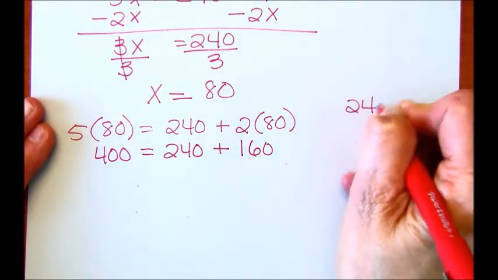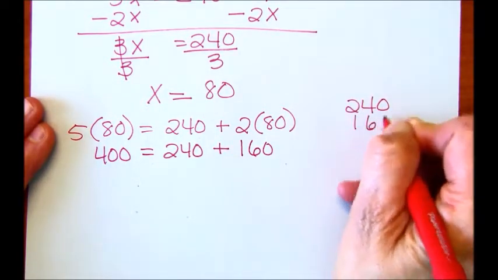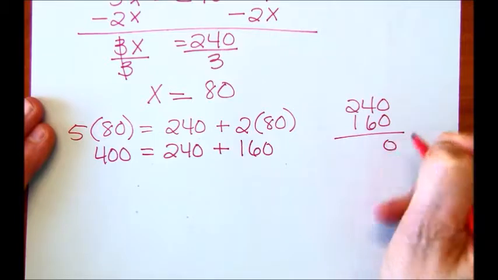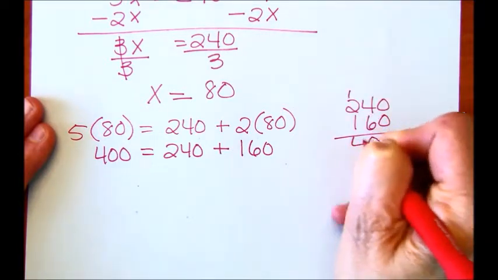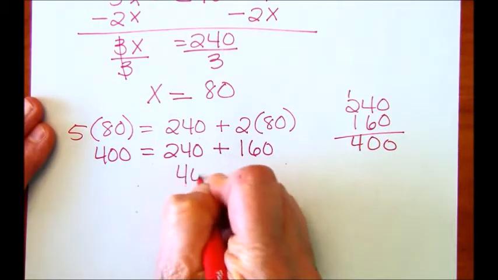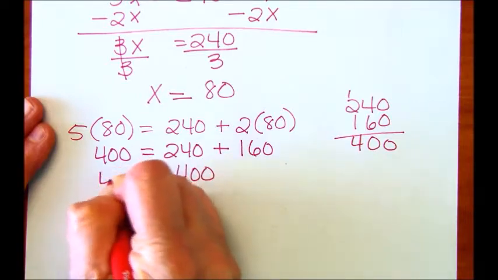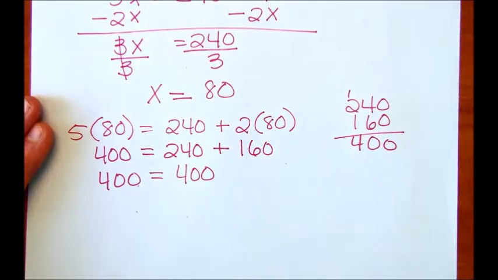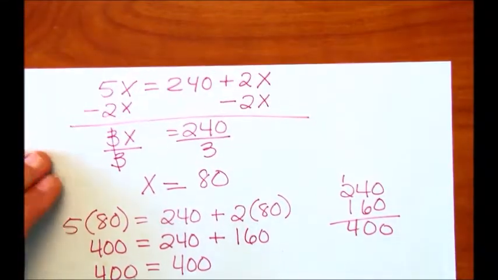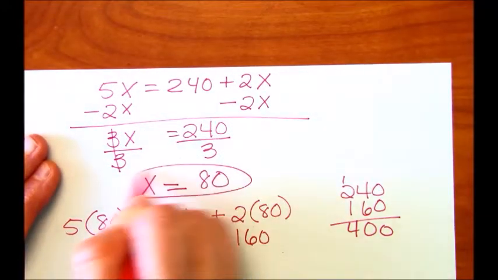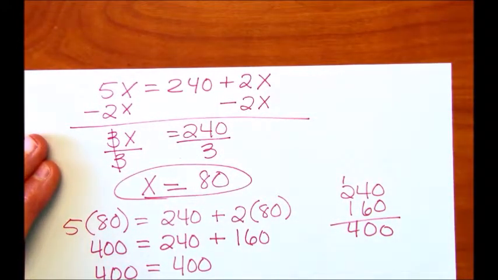And we could do this on the side if you're not sure. It should give you 400. So 400 is indeed equal to 400. So for this equation, the value of x is going to be 80.